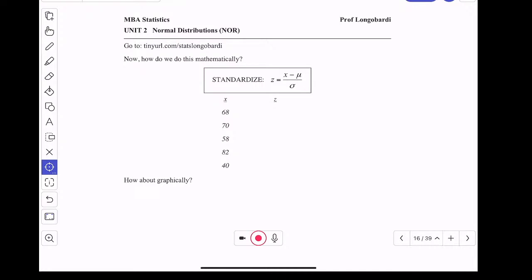So this is the formula to transform between x and z: subtract the mean and divide by the standard deviation. In other words, when I divide by the standard deviation, I'm standardizing. I'm turning these values into z's, which are units of standard deviations from the mean.